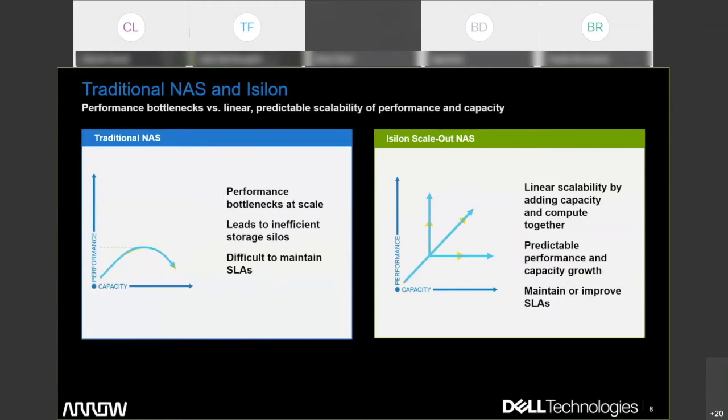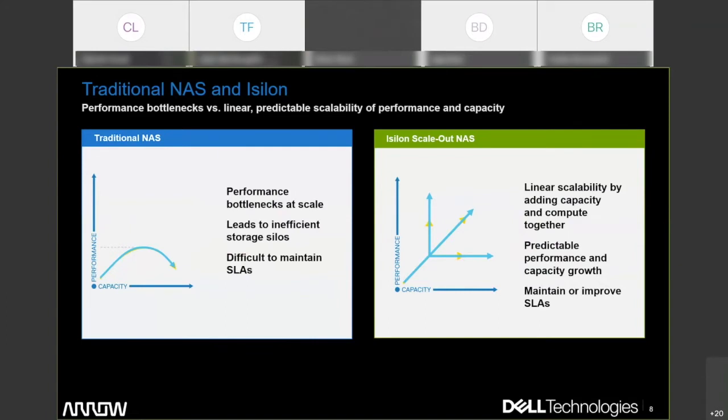So traditional NAS storage increases capacity by adding shelves, but when you fill up a shelf or the head reaches its limitations, performance starts to drop. And replacing that head is complicated and leads to downtime and disruption. Traditional storage also leads to over-provisioning, and in growing data environments using traditional NAS, the need for multiple volumes often leads to hotspots.